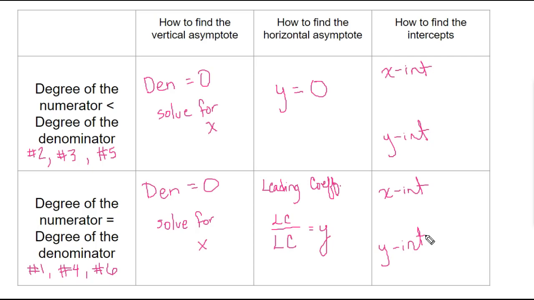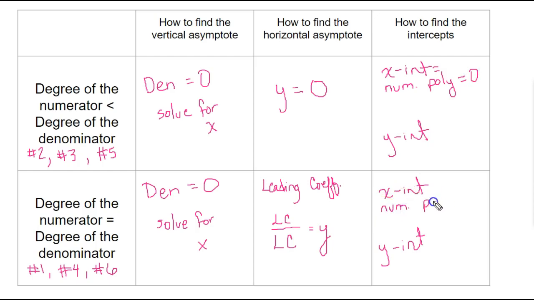And so we needed to notice in the patterns, what was it that was giving us an x-intercept or a y-intercept? And we did notice that it was pretty much the same for both of them. The x-intercepts ended up being the roots or the zeros of the polynomial in the numerator. So wherever the numerator's polynomial is equal to 0 is where the x-intercepts ended up being.